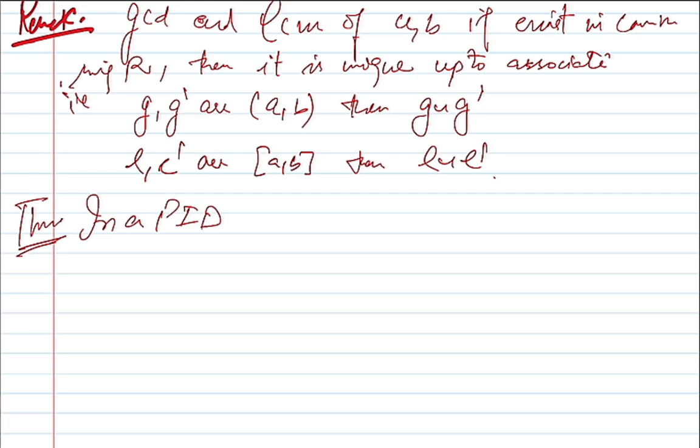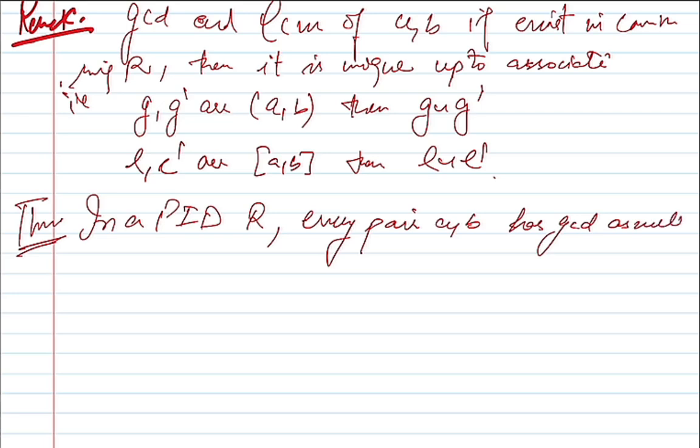In a PID R, first of all, every pair A, B has a GCD as well as an LCM.